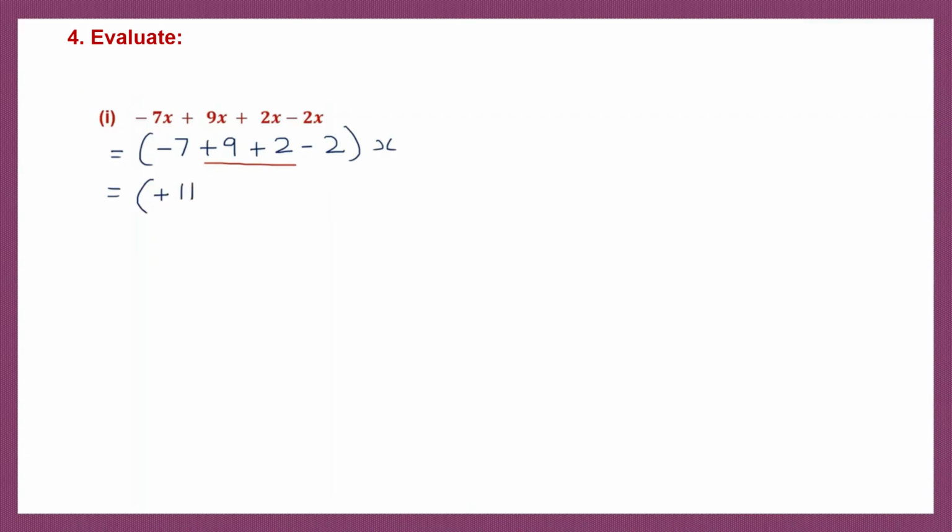Now let's take the other two numbers, which are minus 7 and minus 2. When signs are the same, put the same sign and add. 7 plus 2 is 9. So here we get minus 9x. Now 11 minus 9 is 2, 2x. So that's our answer. Next one.